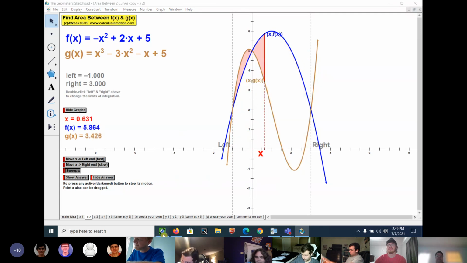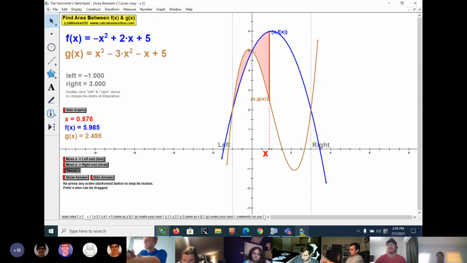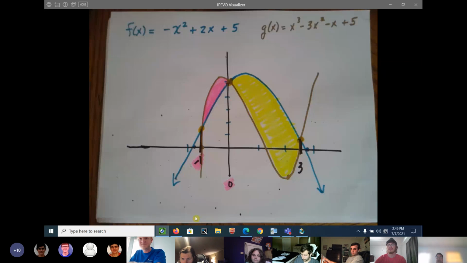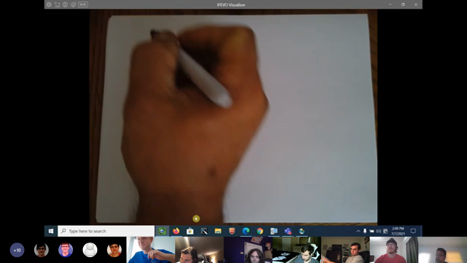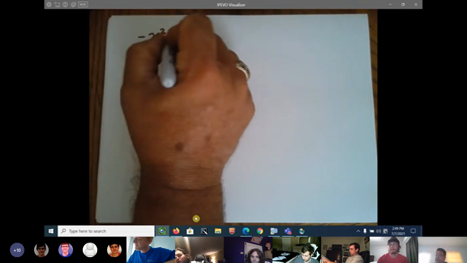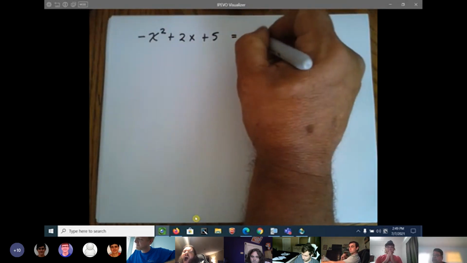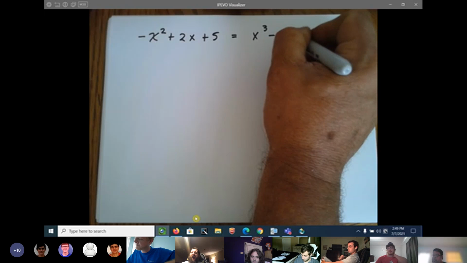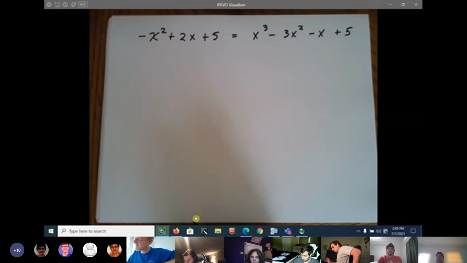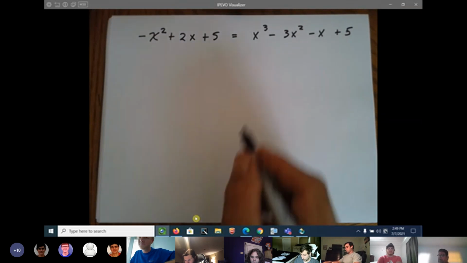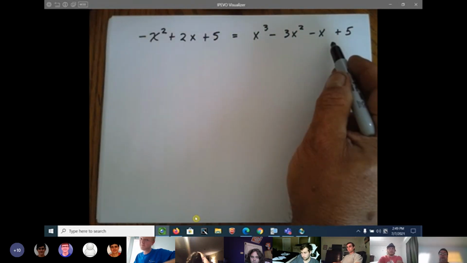Well, I already sketched it. There's my sketch, which doesn't look as good as theirs, but there it is. So I'm going to take these 2 and set them equal to each other. Negative x squared plus 2x plus 5 is equal to x cubed minus 3x squared minus x plus 5. Since x cubed is positive, I'm going to bring everything over here.